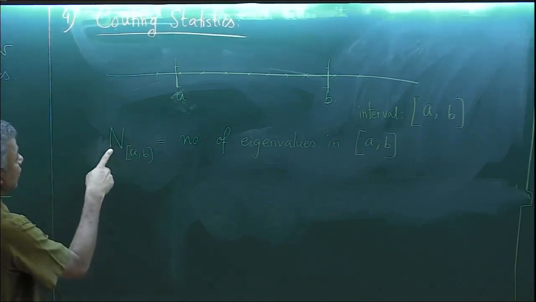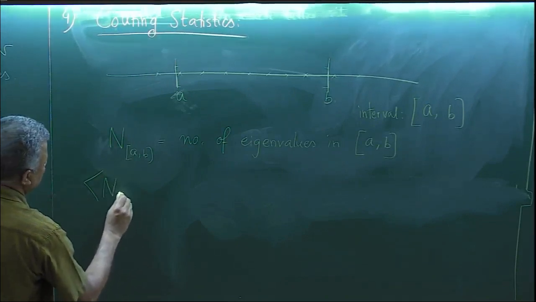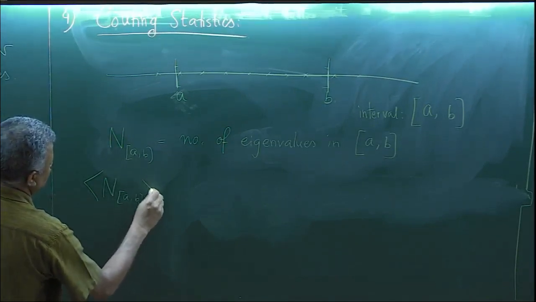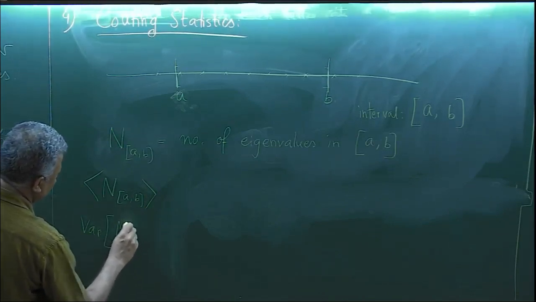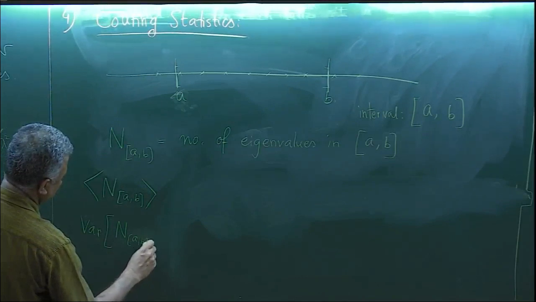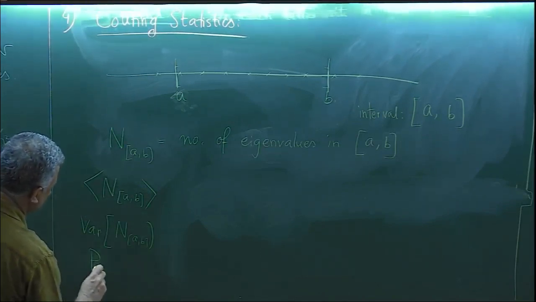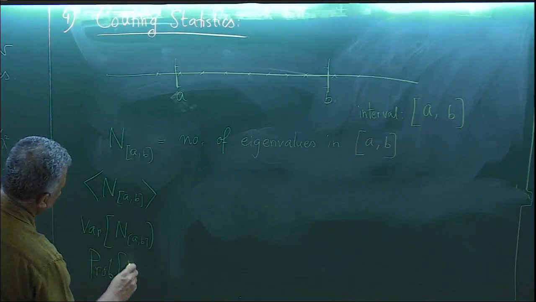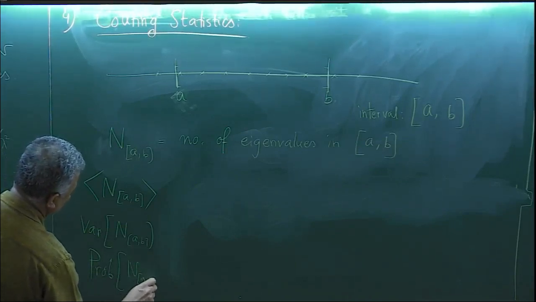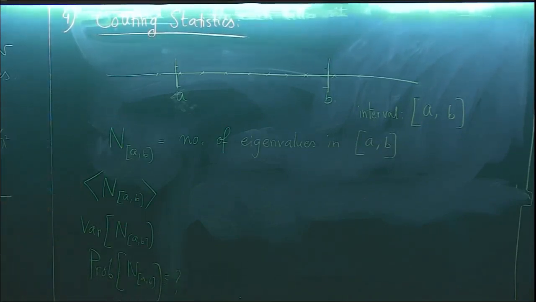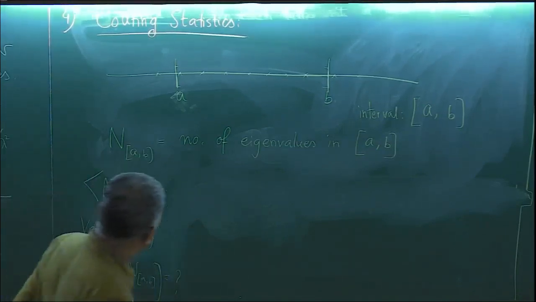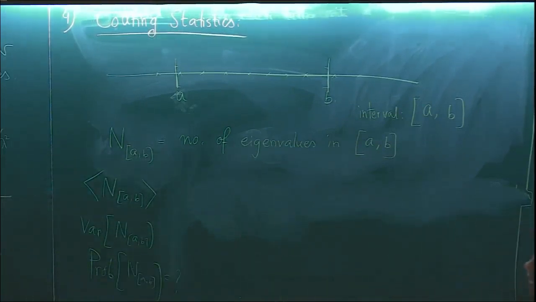What is the average value? What is the variance? Or even what is the full distribution? For beta equal to 2, you can compute this full probability distribution, but in general, the full distribution is hard to obtain for any other beta.